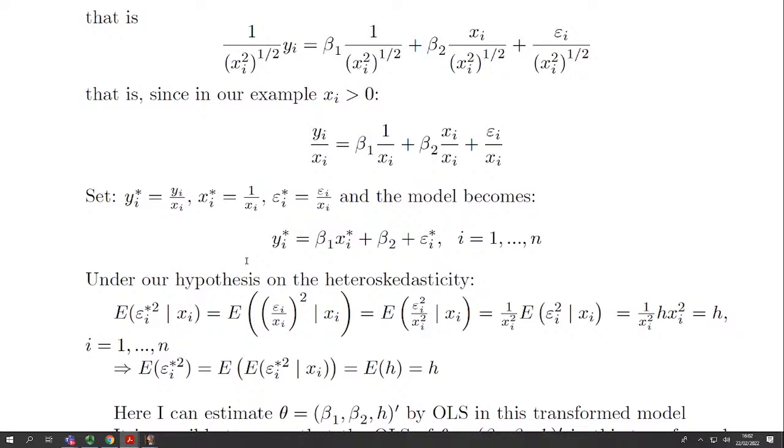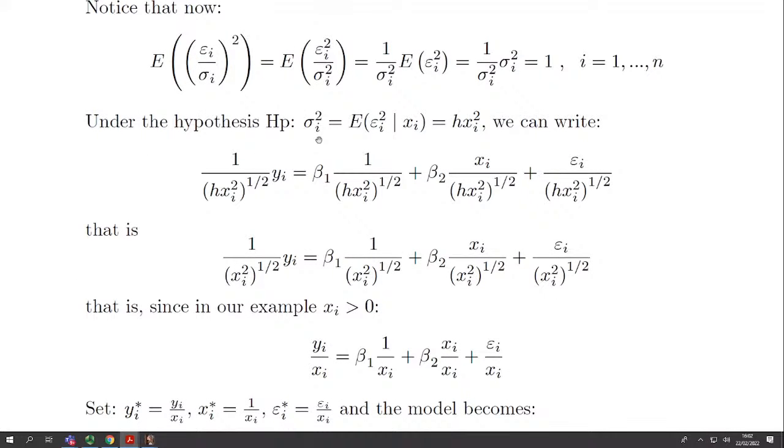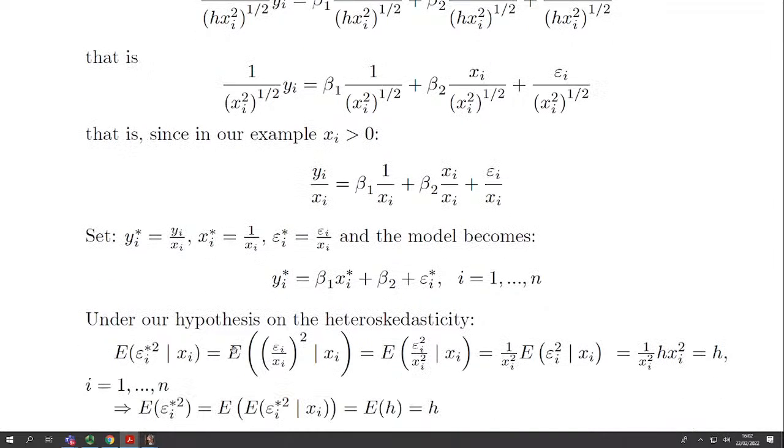I will show you. But it is important that, don't forget, never forget this assumption, we are working under this. This is the crucial part. Okay? So in this model, should we expect homoscedasticity or heteroscedasticity? Well, let me check the variance of this error term.